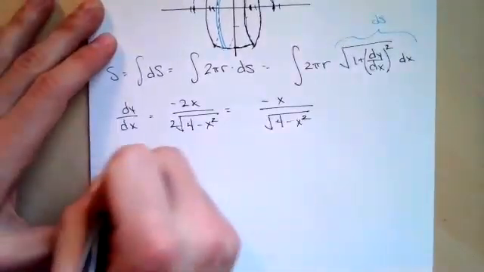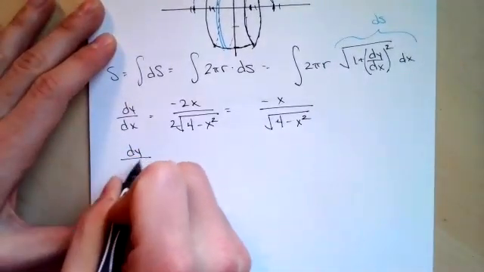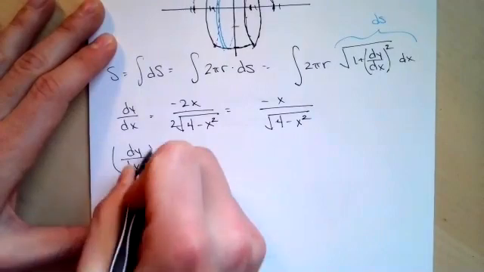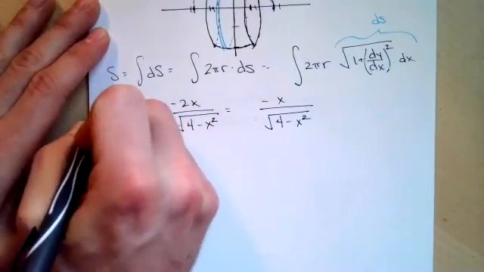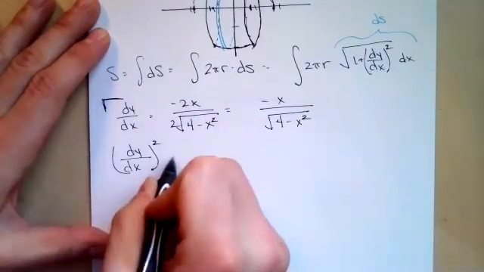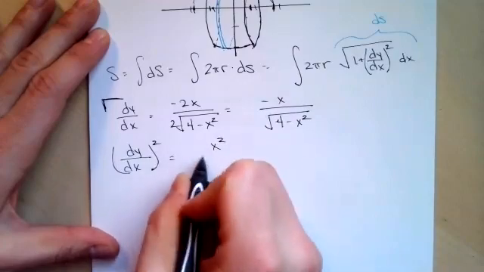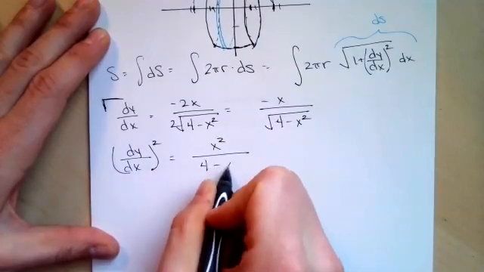And then our dy dx squared is going to give us x squared over 4 minus x squared.